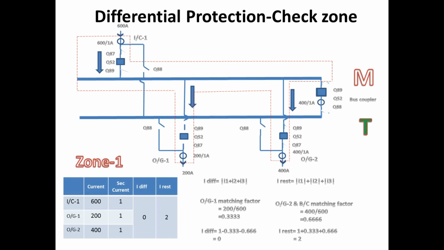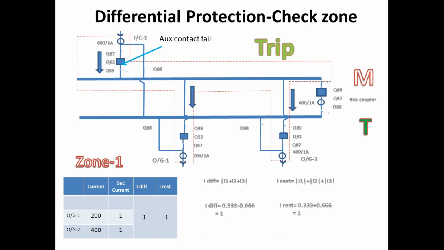But in case an auxiliary contact fails in incomer 1, what happens? Zone 1 will not consider the incomer 1 CT in zone 1, because only when the breaker and isolator auxiliary contacts are received will the relay consider this line connected to the main bus, so it will not take it into account.